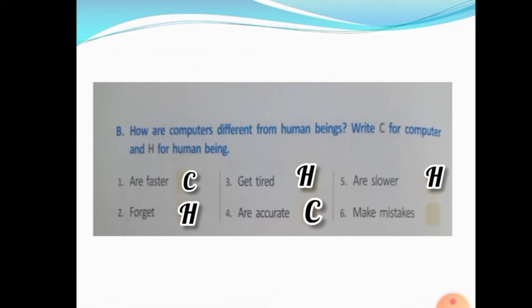Human can do the work slower than the computers. Right? So, you should write the letter H. Then sixth one, make mistakes. The computer cannot make mistakes, but we can make mistakes at times. So it's right for human. So write the letter H.